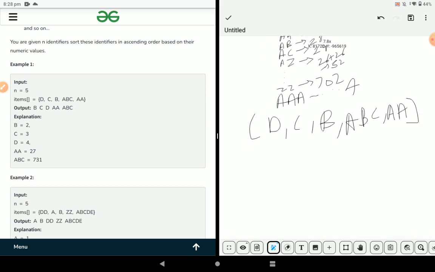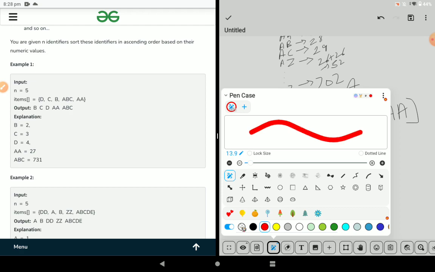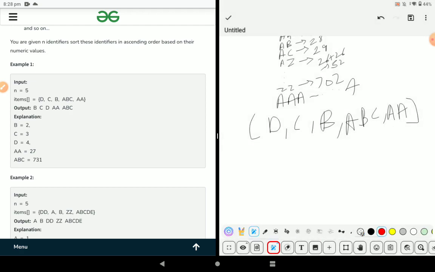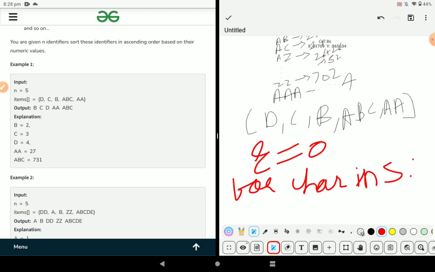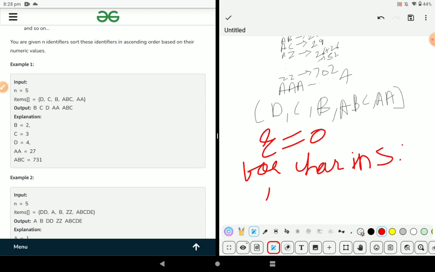Just use a simple formula: initialize result equals 0 and use for char in s, where s is our string.